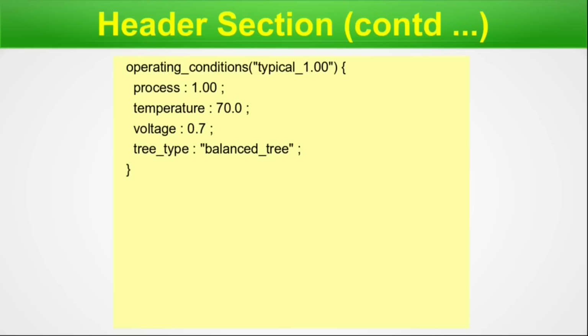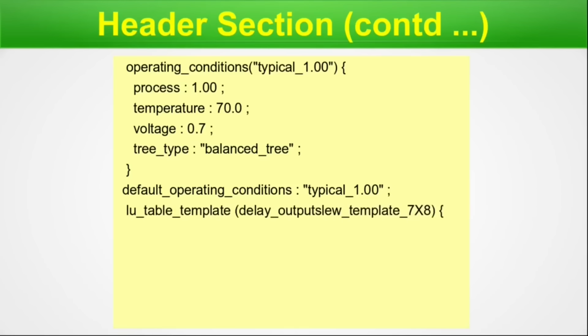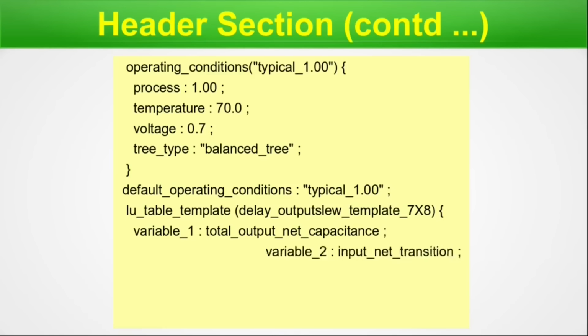So here you can see the operating conditions as process, temperature, voltage, that is PVT values. Default operating conditions typical 1.0, LU table template delay output slew template 7/8, variable 1 total output net capacitance, variable 2 is input net transition.